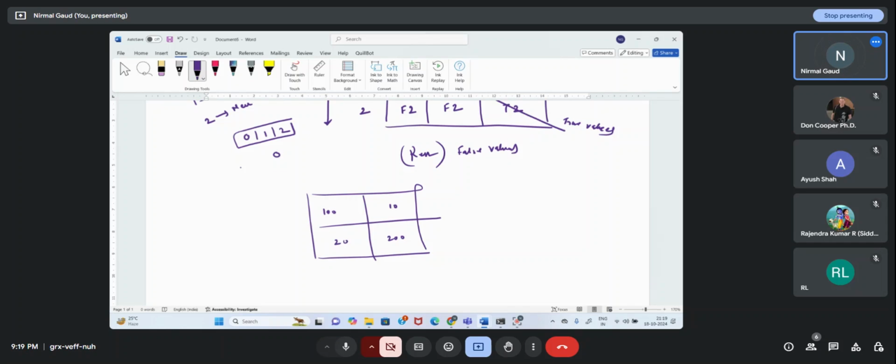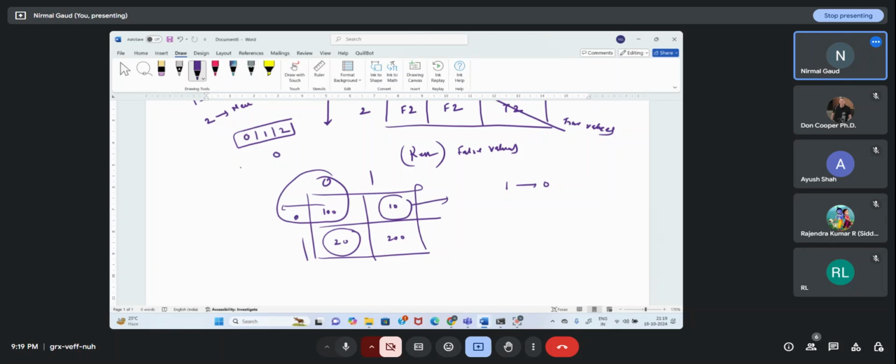So the model correctly predicted 0 as 0 100 times. Ten times the model got confused and predicted 1 as 0. So 100 times the model is correct for this, and for 10 entries, instead of 1, the model gave 0 as the answer.